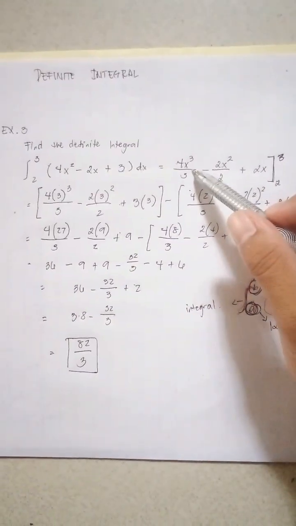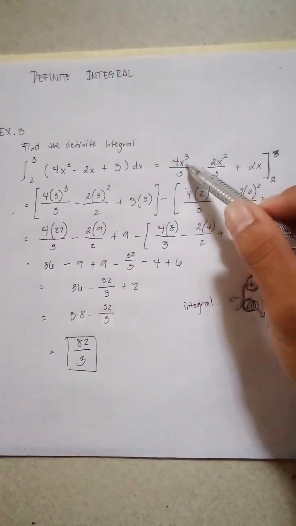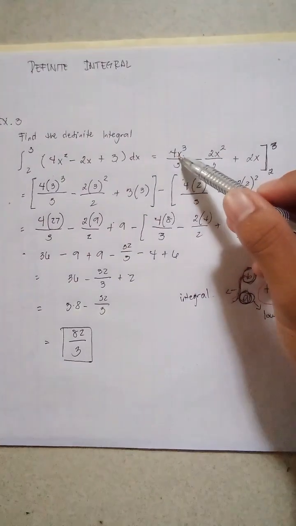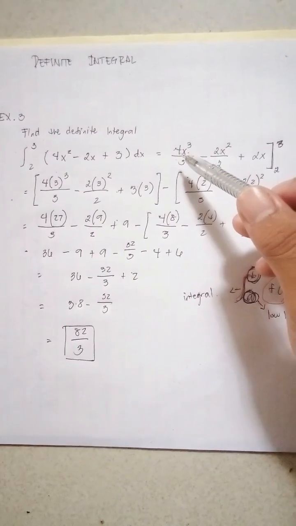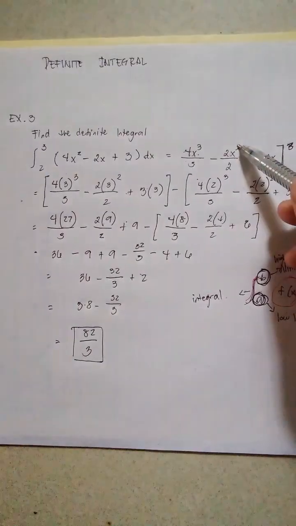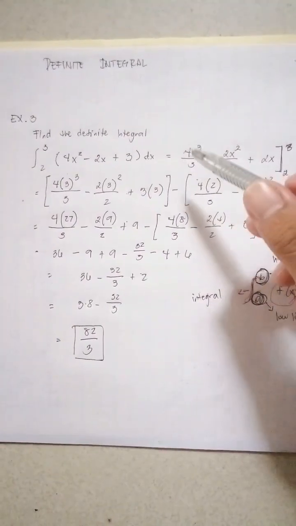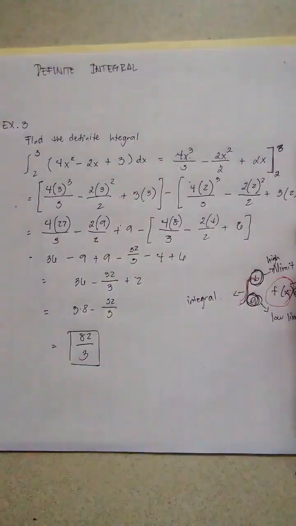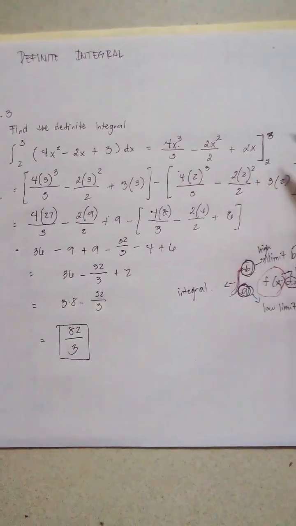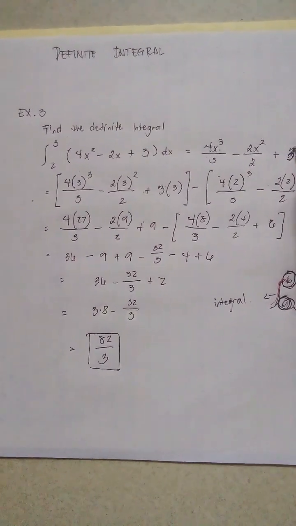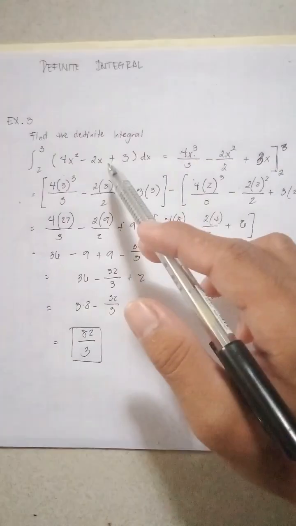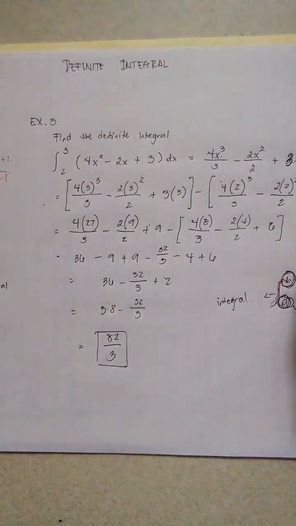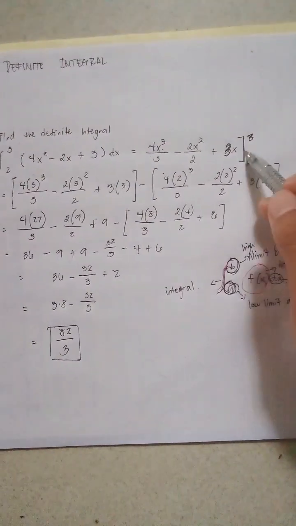Like the first examples, the antiderivative of 4x squared is 4x cubed divided by 3, minus 2x squared divided by 2, plus 3x, evaluating from 2 to 3.